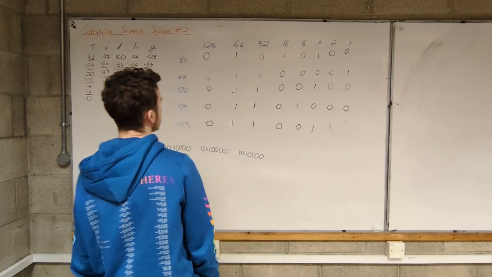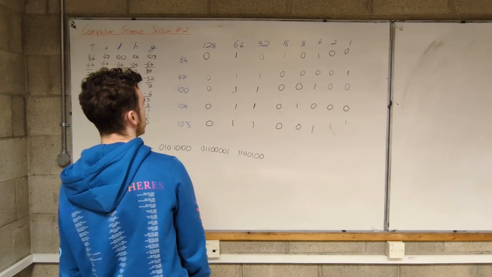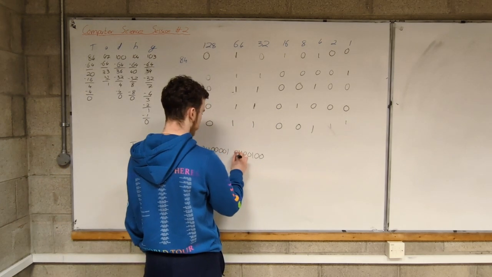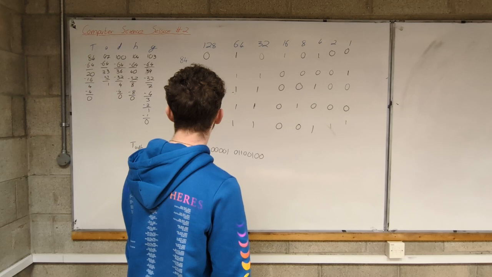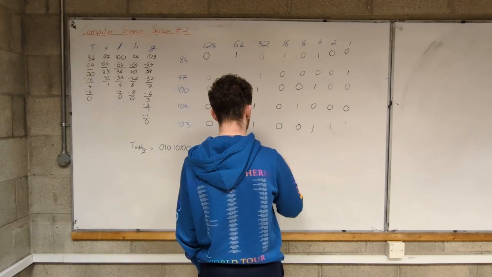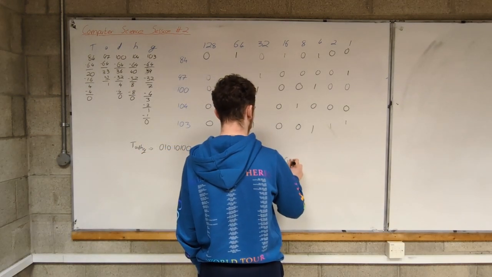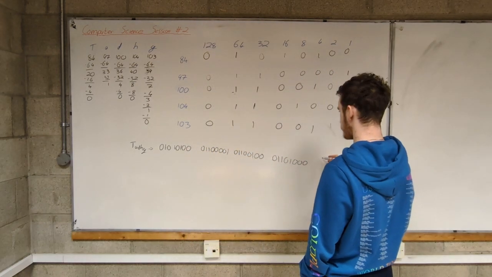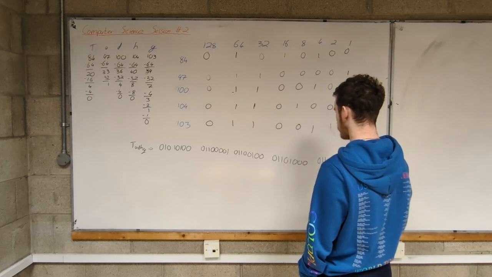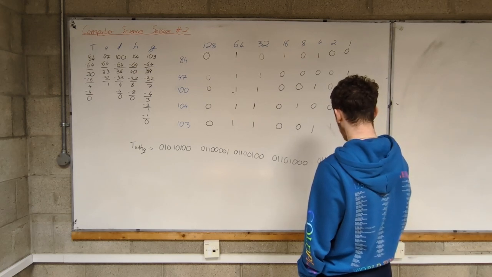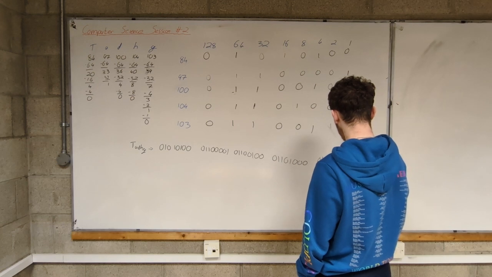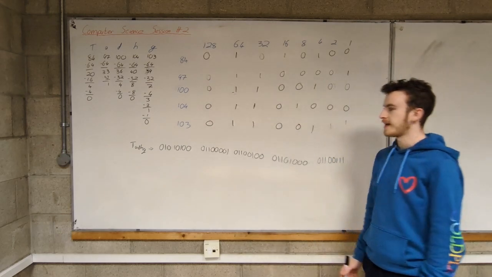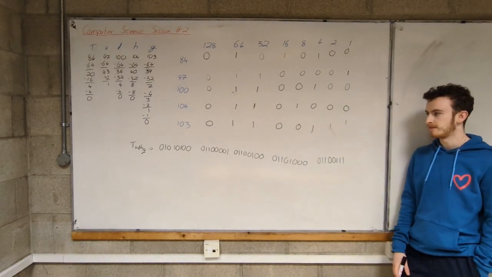Am I missing a number? Oh, I forgot a 0 at the start. That's fine. Then 0, 1, 1, 0, 1, 0, 0, 0. That's become very crooked. 0, 1, 1, 0, 0, 1, 1, 1. So that is my name in binary.